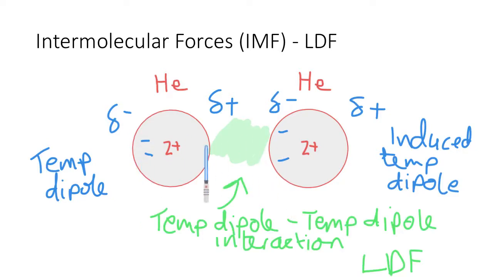Now this temporary dipole interaction is caused by the electrons. And the more electrons there are, the bigger the charge difference will be, and so the stronger the temporary dipole interaction, the London dispersion forces, will be. So more electrons gives rise to stronger London dispersion forces.